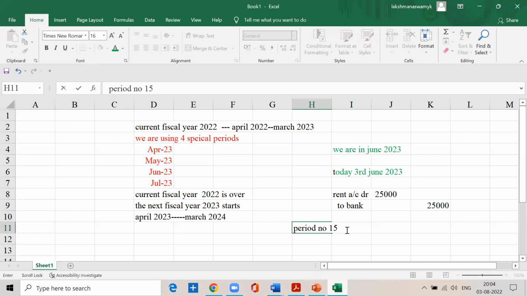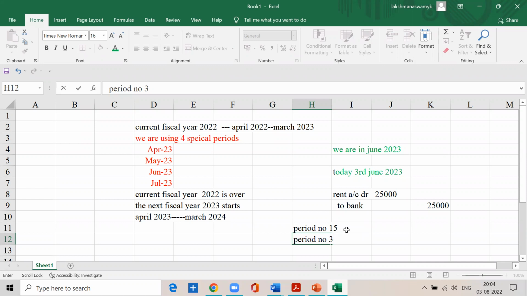Suppose the user enters the period number 3, the system understands that the business transaction relates to current fiscal year. Why? April 2023 is first posting period, May 2023 is second posting period, June 2023 is third posting period.